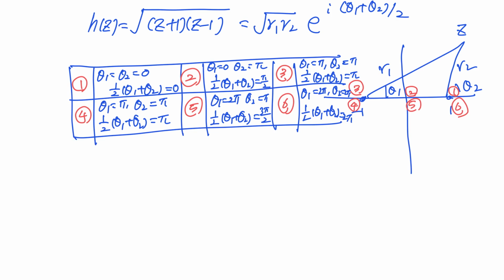On the other hand, if you cross the x-axis from 2 to 5, there is a phase change, pi over 2 to 3 pi over 2. So this function is not single-valued. We have a multi-valued function across this branch cut.